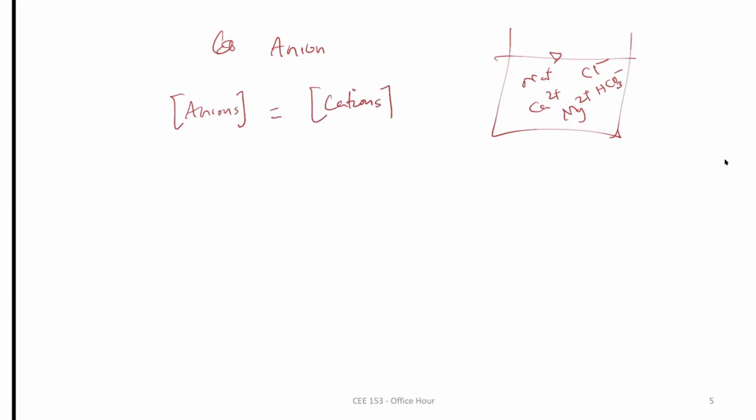Yes. The reason is you do not have any mass balance here. There is always charge balance.